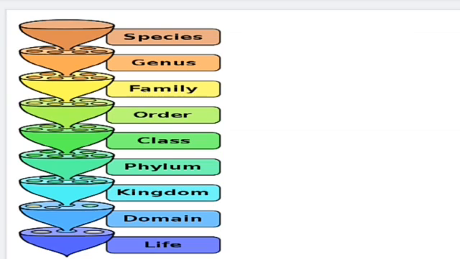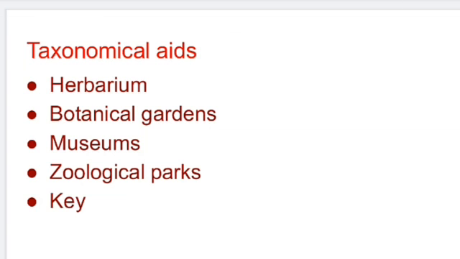As we studied the taxonomic hierarchy, which includes all living organisms, it is our duty to protect them too and to learn about their life science very easily. So now we have the taxonomical aids by which we know about all organisms.